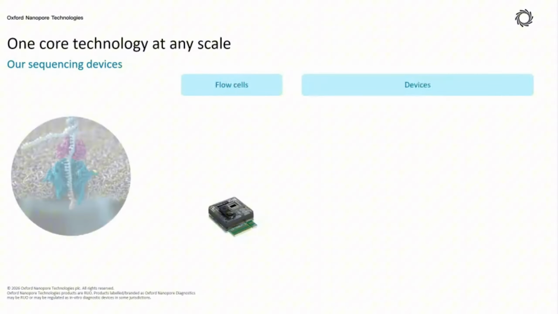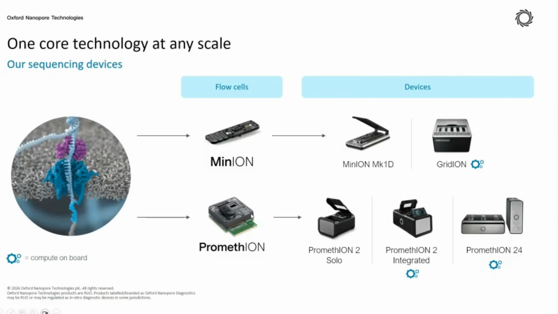With the flow cell selected, the ion flow cell can be used for sequencing on different sequencing devices. At the moment we have the ion 2 solo or integrated.